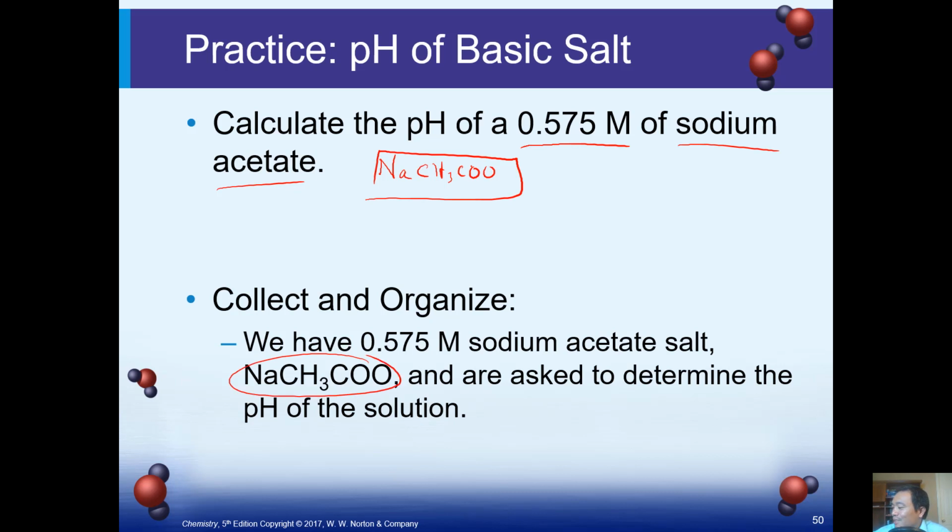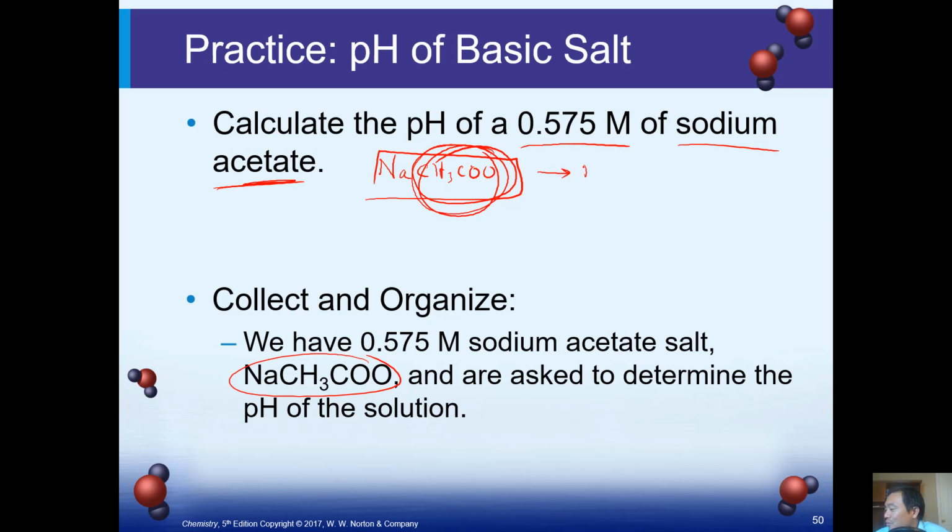But the important thing is this portion comes from acetic acid. That's why the anion is called acetate. Acetic acid is a weak acid because it's not one of the 6 strong acids that I ask you to memorize. So a weak acid would have a conjugate base that will display basicity.